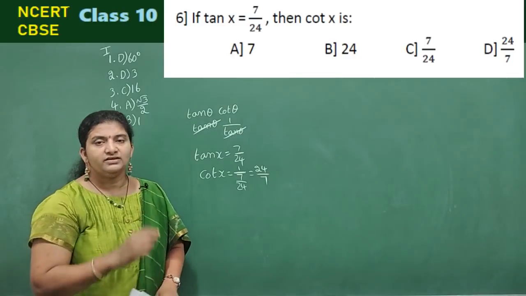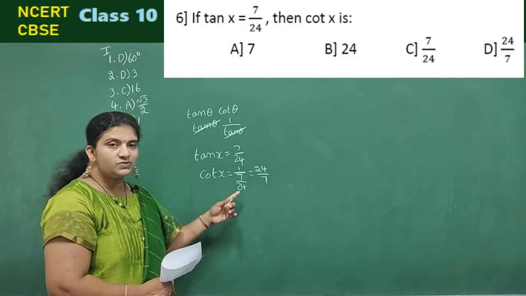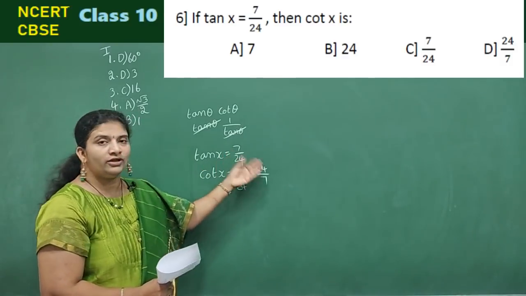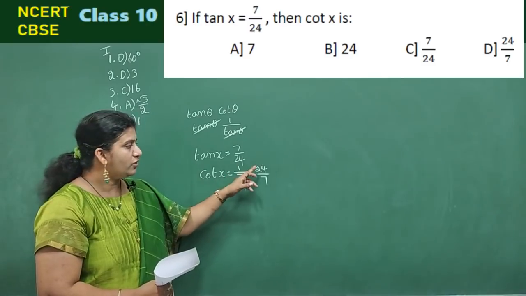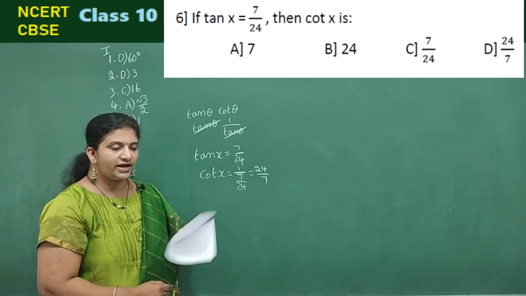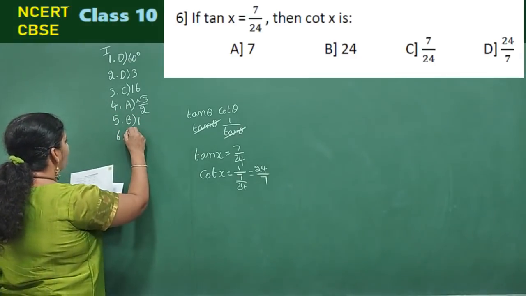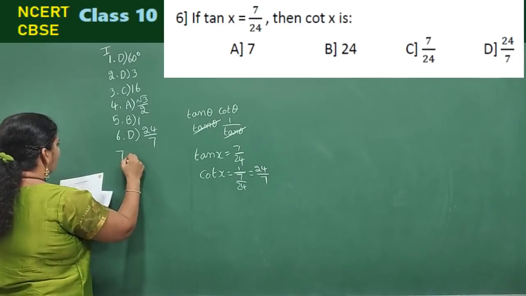No need of writing this 1 by tan theta. Directly you can take the reciprocal of the given fraction. 7 by 24 given, you can say 24 by 7 is your answer. Check the option which is your right answer. Option D, 24 by 7.